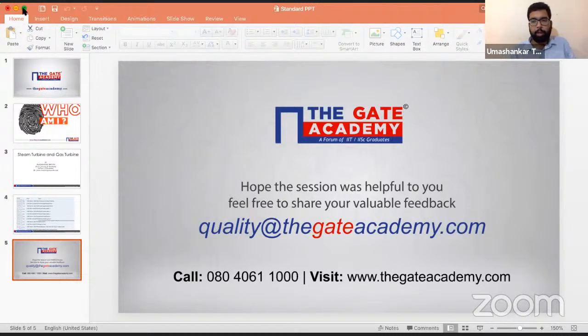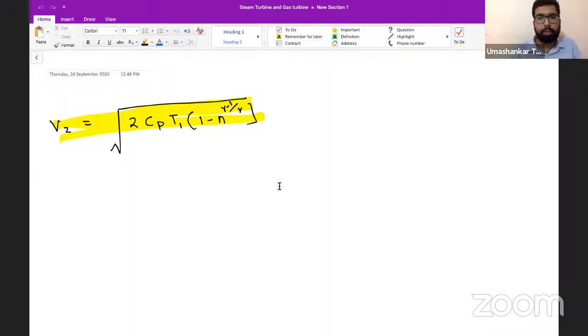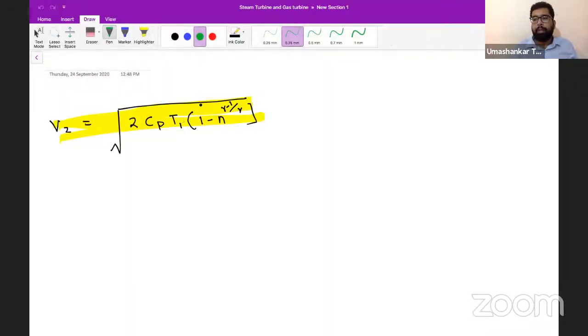In the previous session, we developed this expression for the convergent nozzle. As we have discussed earlier, impulse turbine is a combination of nozzle and steam turbine.